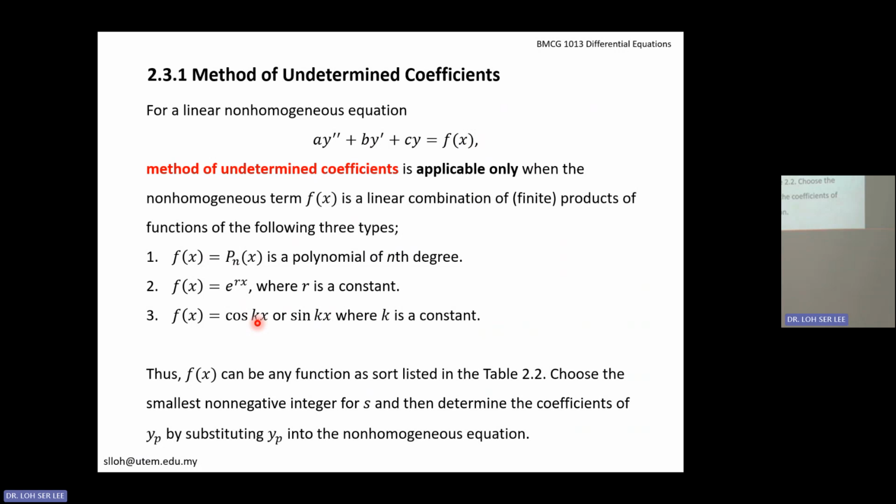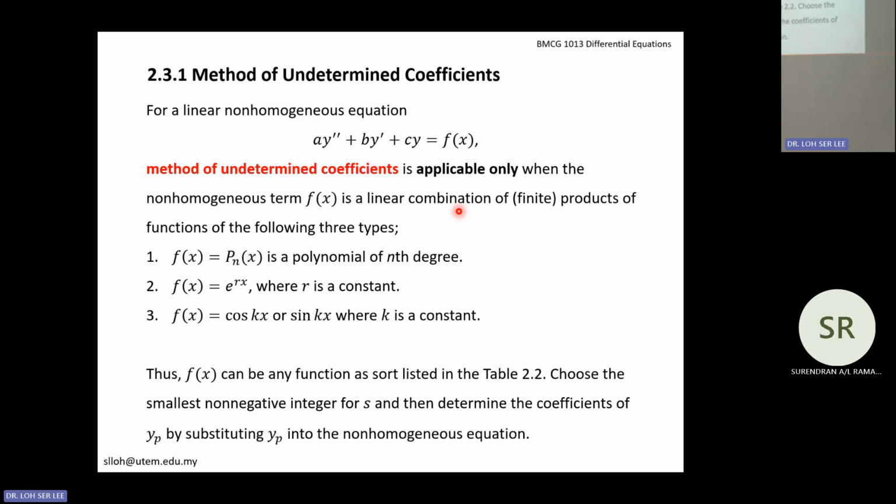This is called a product. A linear combination of products means I can have f(x) to be a polynomial multiplied to an exponential plus a polynomial multiplied to sine. This is a linear combination. This kind of function is applicable for this method: a linear combination of products of these three types.